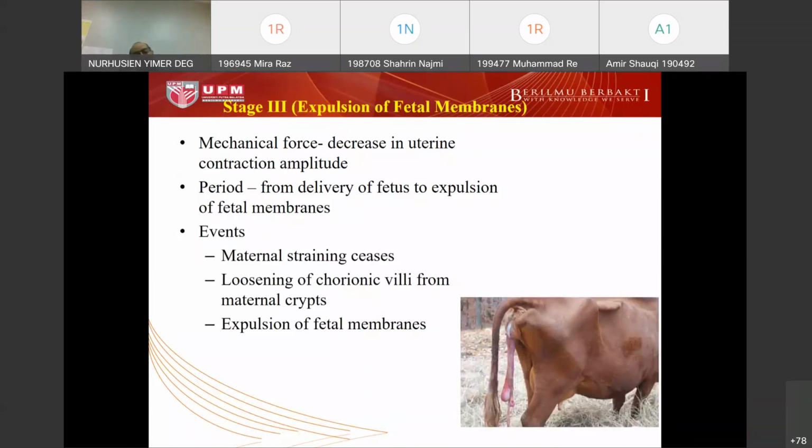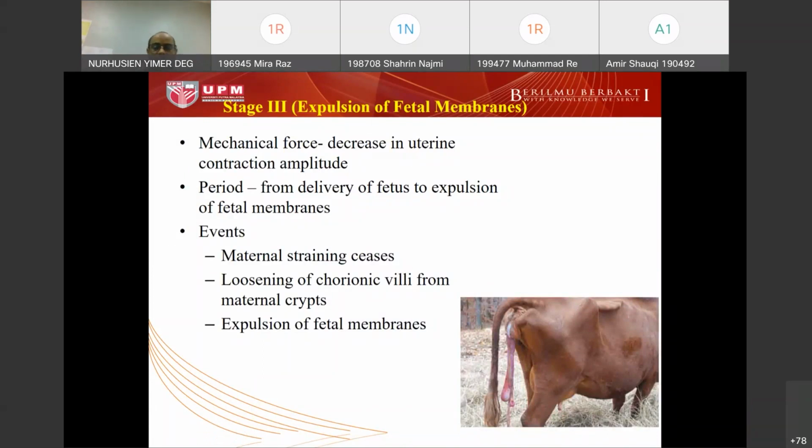And then the last stage is stage 3. This stage of parturition is characterized, as I said, by the removal of the fetal membranes or the placenta.